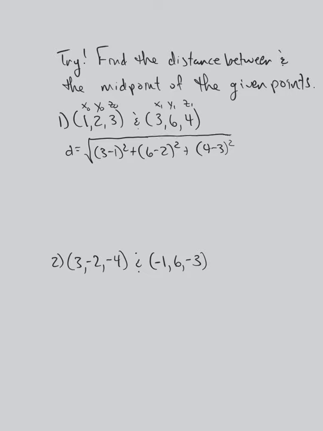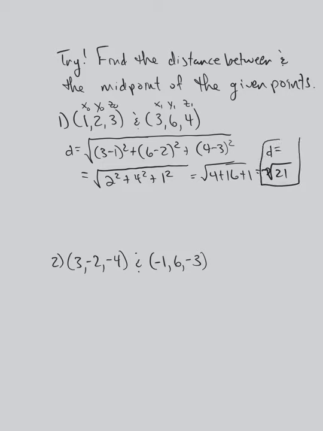Now we just compute: 3 minus 1 is 2, so we have 2 squared plus 4 squared plus 1 squared. That's the square root of 4 plus 16 plus 1, which is the square root of 21. So the distance between them is the square root of 21.